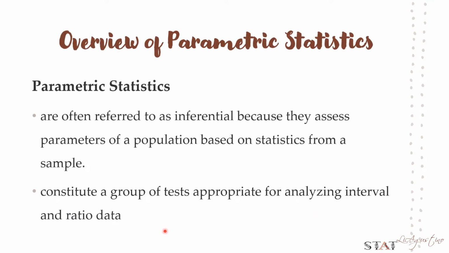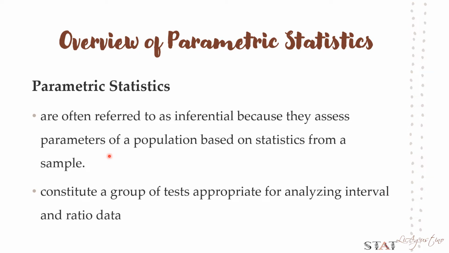So let's have an overview of parametric statistics. Parametric statistics are often referred to as inferential because they assess parameters of a population based on statistics from a sample. It assumes that sample data comes from a population that can be adequately modeled by a probability distribution.